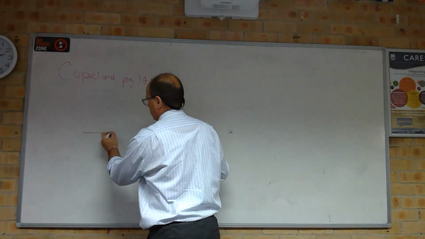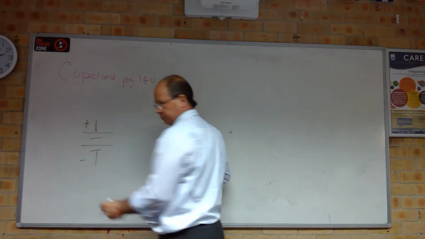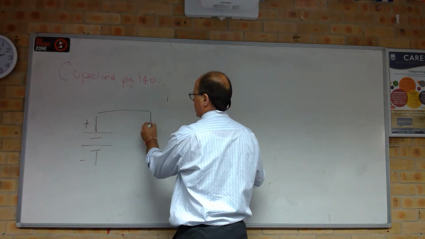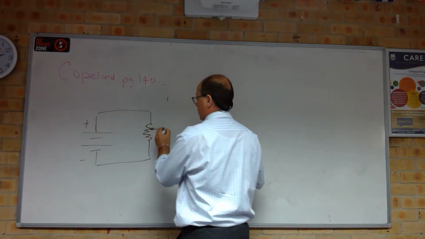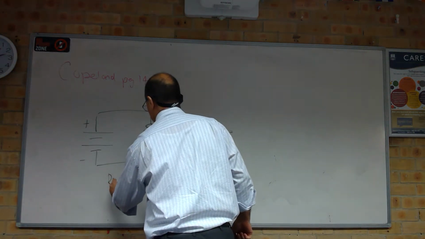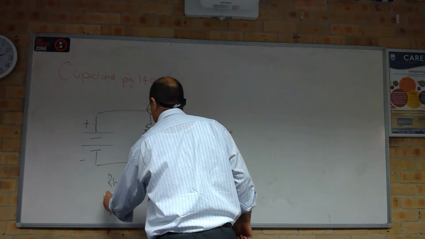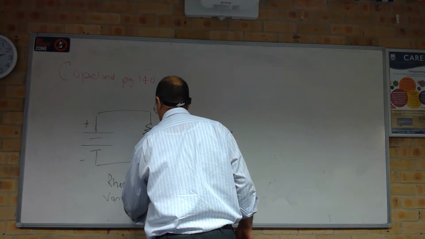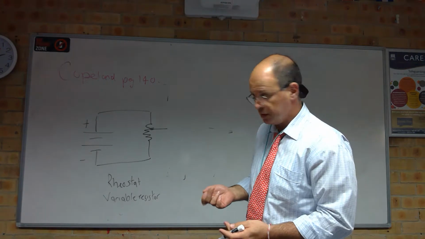So simplest way of explaining it is if we draw a battery symbol, we could have what's known as a rheostat or a variable resistor, and that would be the way that we control our DC motor speed.